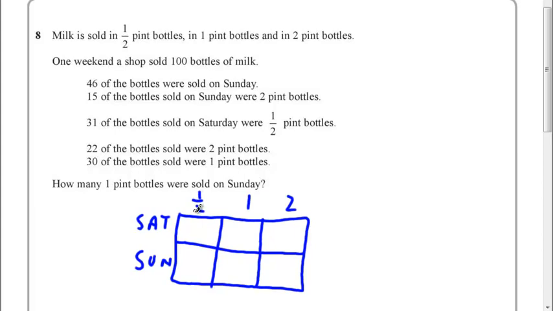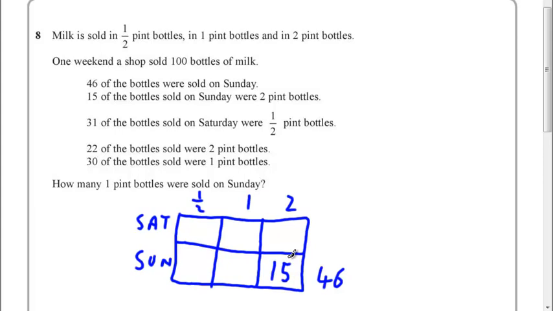Fill in what we've got. 46 of the bottles were sold on Sunday, so we can put that. These are totals over here. So if 46 of the bottles were sold on Sunday, and 15 of the bottles sold on Sunday were 2-pint bottles, so that goes in here.